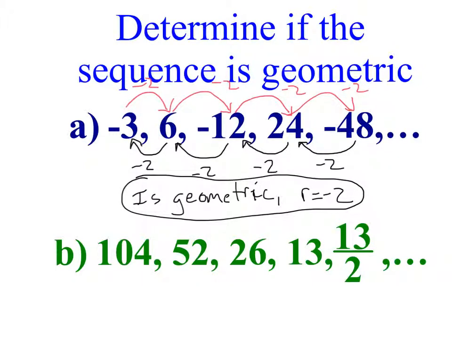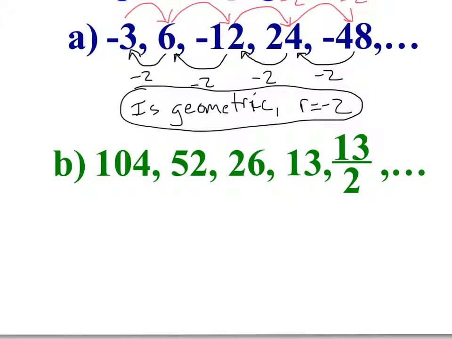If we go down here and look at this bottom sequence, this one some people might struggle with as to see what would you multiply by. So, instead of doing it that way, the way you can always do it, remember, is just to divide one by its previous. And if you typed in 52 divided by 104, or you looked at 52 over 104, you would see that it reduces to 1/2.